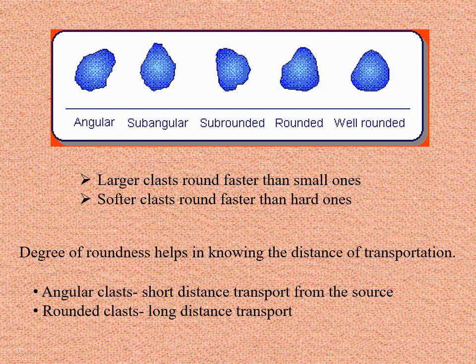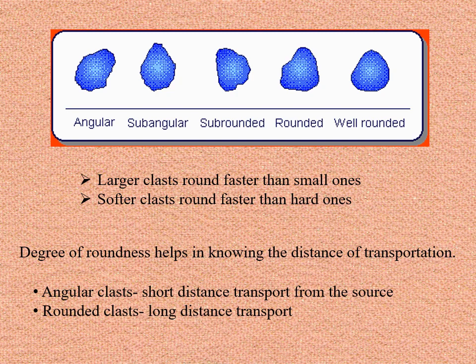Now the generation of roundness or angularity also depends on the physical stability or durability of the grain. Suppose a grain has two or three sets of cleavage.